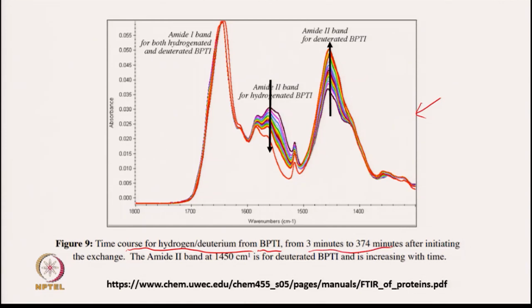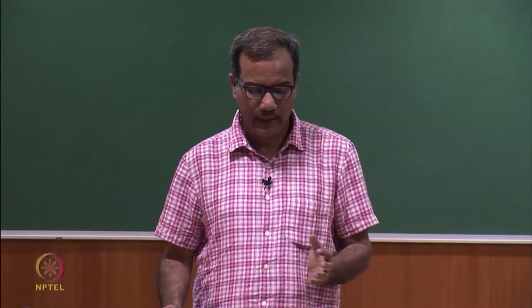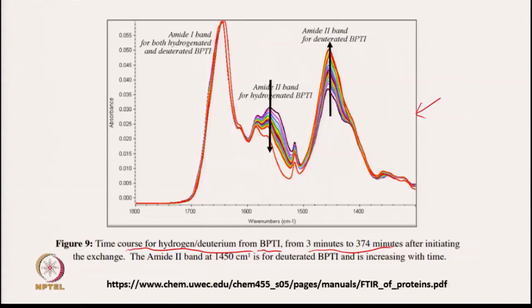You can look at that the amide 2 band for hydrogen BPTI is decreasing in intensity, whereas the amide 2 band for deuterated BPTI is increasing.